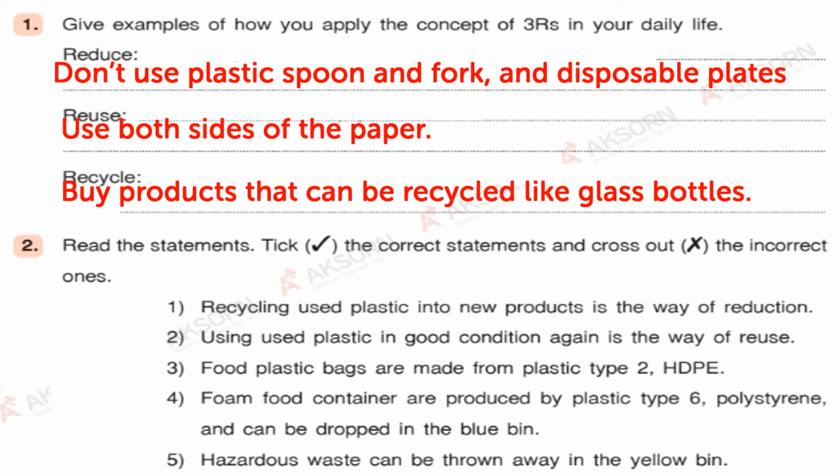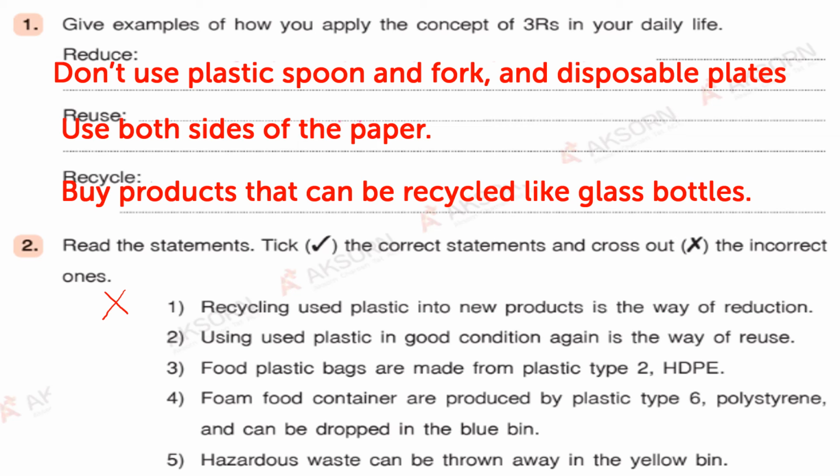Okay, for number 2, we have to check or put an X. Let's read each sentence carefully. Number 1: recycling used plastic into new products is the way of reduction. Is it check or X? It is an X because recycling used product is recycling, it's not reduction.